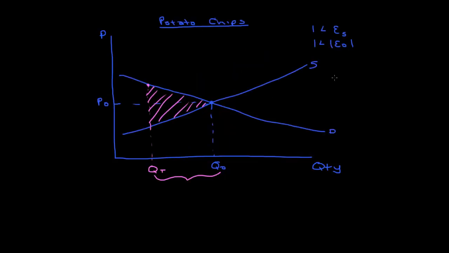In the previous example, if both curves are fairly elastic, as far as who's going to pay the burden or the majority of the tax, that ultimately depends upon whether the price elasticity of demand is less than the price elasticity of supply or not. So in this case, if they both are fairly elastic and the price elasticity of demand, though, is smaller than the price elasticity of supply, it's going to be the consumers who pay a majority of the tax.